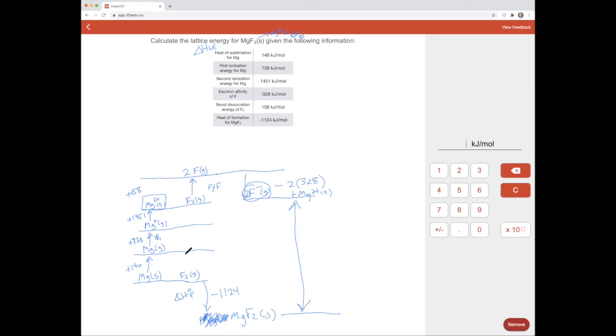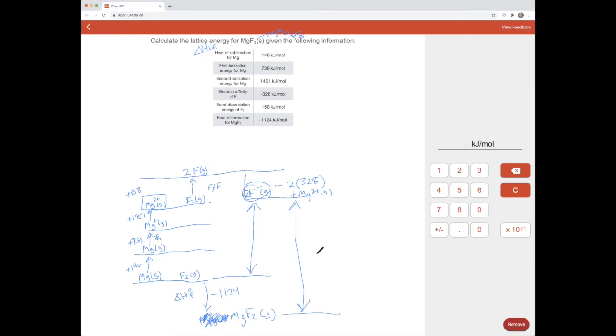So what I need to do is do all this math, and that will give me this number right here, that amount of energy right there. And then I just need to add that to the delta H of formation, and it will give me this gap right here. So let's do that.